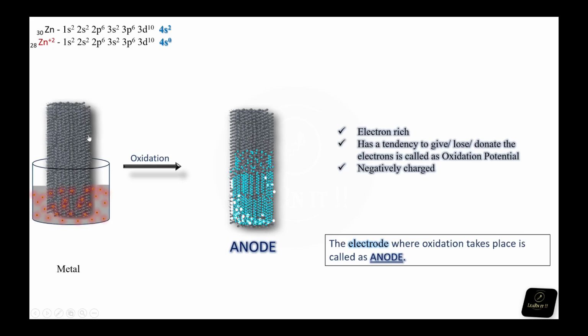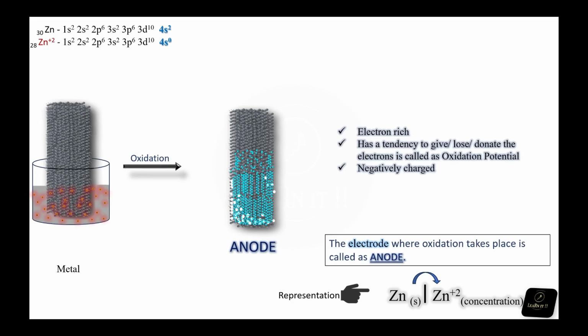So zinc metal becomes an anode when oxidation takes place, which happens when the zinc rod is in contact with dilute zinc solution. So how to represent this zinc anode? Zinc, which is a solid bar, is in contact with Zn+2 ions having a certain concentration.